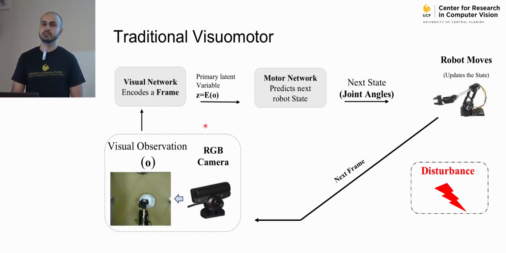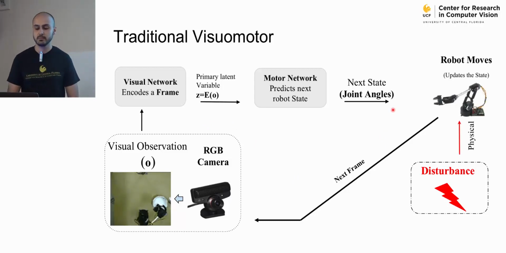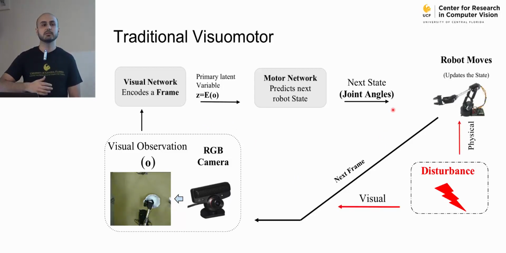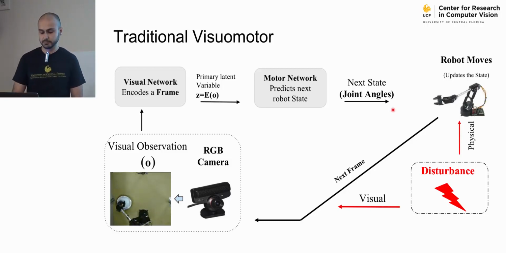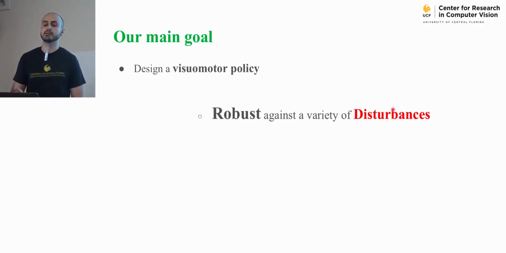But what happens if disturbance occurs? Disturbance can be physical, which means that somebody can touch the robot or touch the object while the robot is manipulating it. Or it can be visual. Somebody just throws something into the visual field of the robot. What happens? Our main goal in this paper is to design a visual motor policy which is robust against a variety of disturbances.